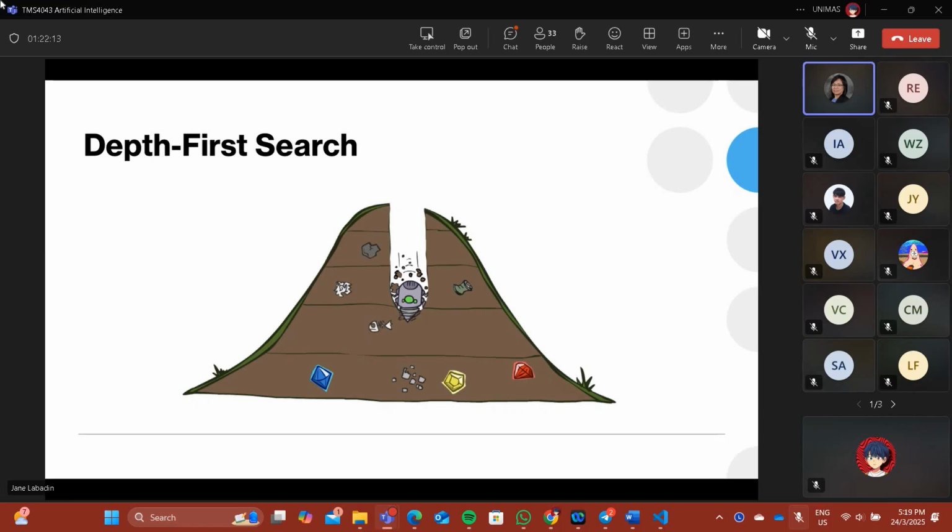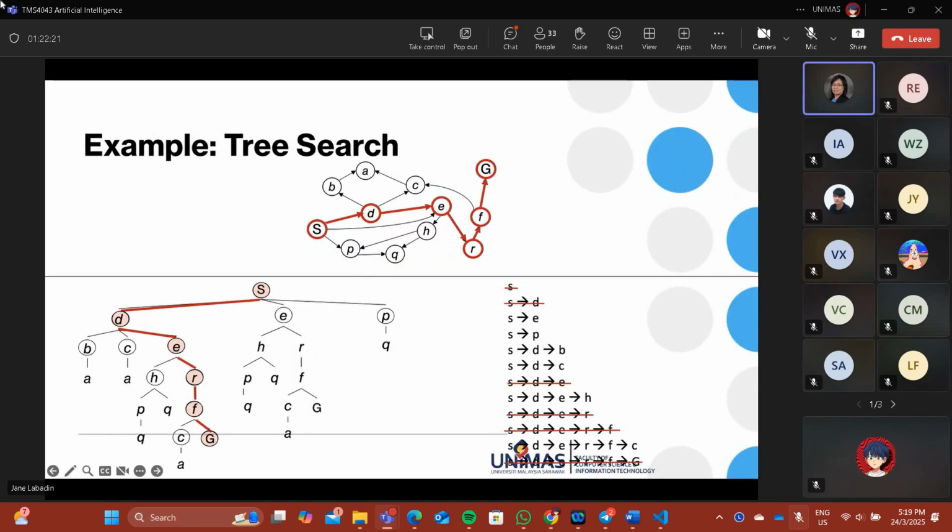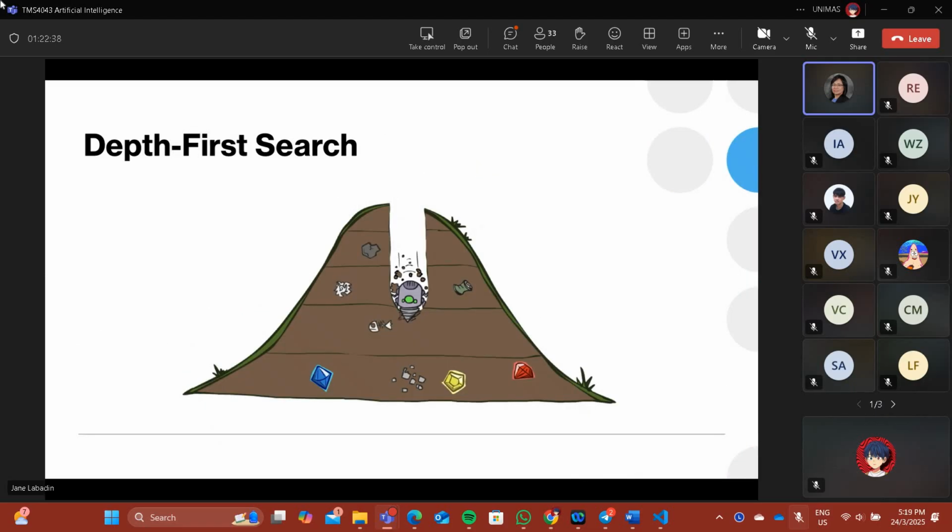So the question would be, what strategy should you take? Just now I simply chose the right. But there are actually proper strategies, and one of them is depth first search.